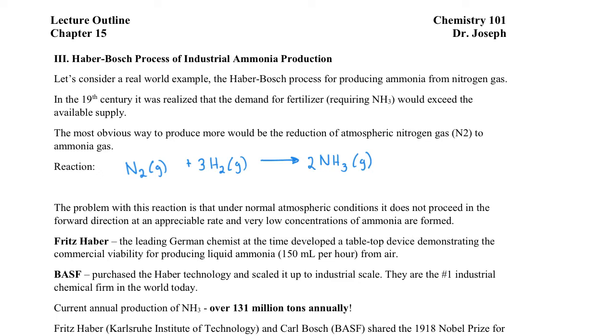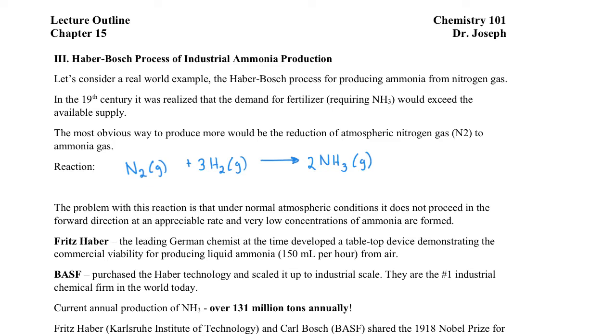In typical atmospheric pressures, under normal conditions, this is an extremely small amount of ammonia that would be produced from these two reactants. And that's because of different types of barriers to these two things reacting, breaking the bonds that they have already, and making the new bonds that are present in ammonia. So it does not proceed in the forward direction to an appreciable rate at all.